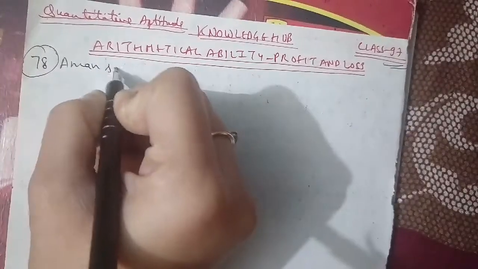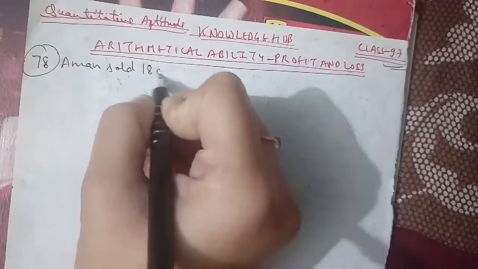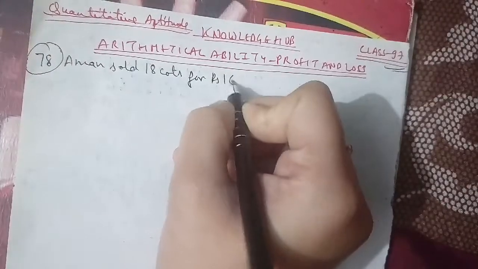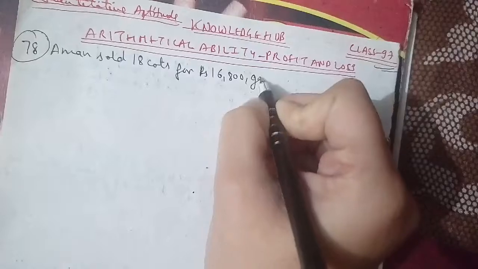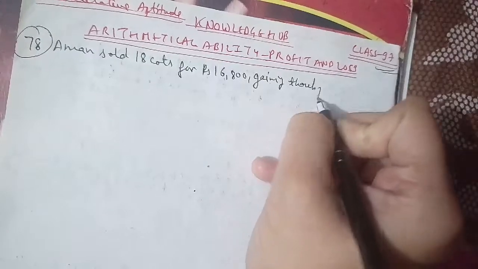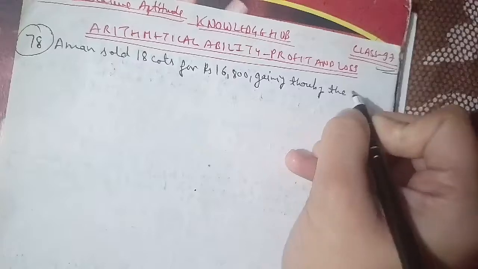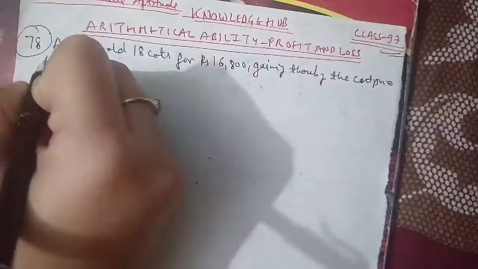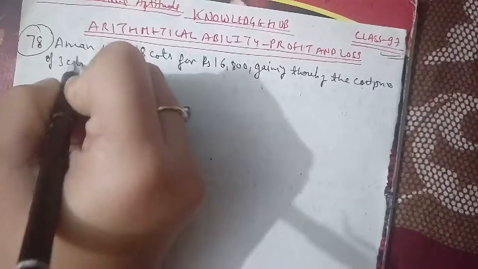A man sold 18 cots for rupees 16,800, gaining thereby the cost price of 3 cots.